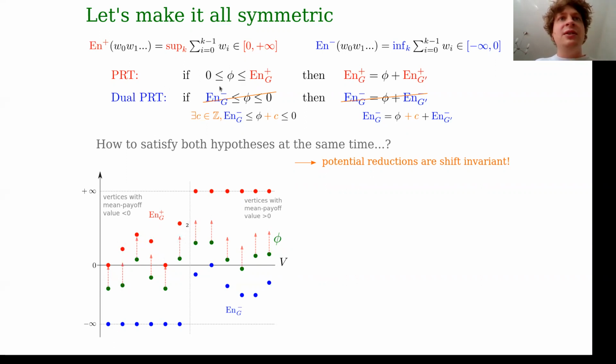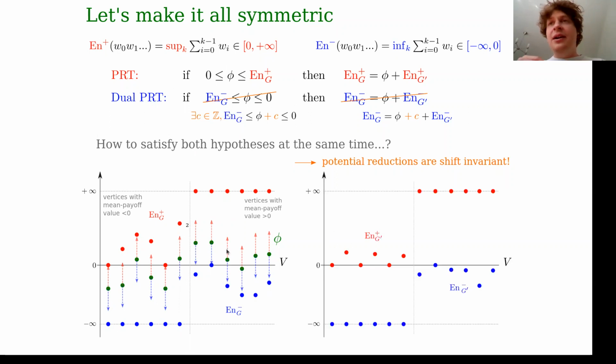So it will satisfy the potential reduction theorem. So that's nice. But it's also true in the negative with this green potential phi. So if I shift it so that all the values become negative, then actually I will be higher than the blue values. So I also satisfy this dual potential reduction theorem.